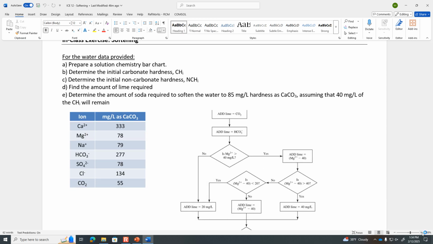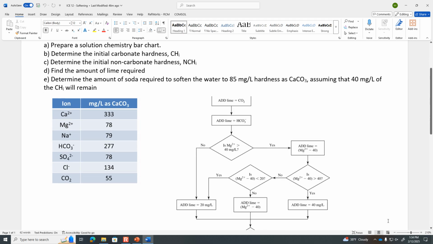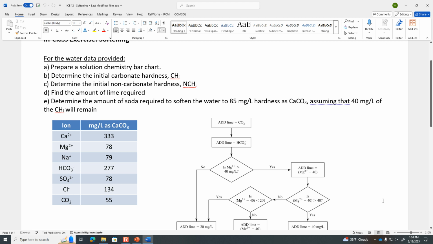So what you're going to do is prepare a bar chart similar to what I showed you just a minute ago, where you've got the carbon dioxide on the left side, you've got the cations on top, the anions on the bottom.